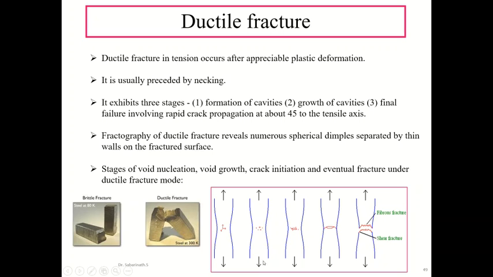So these are the stages: the initial necking, the cavity formation, the microvoid formation, forming a large cavity or a crack, and finally shearing the material into two pieces. So these are the stages in ductile fracture.